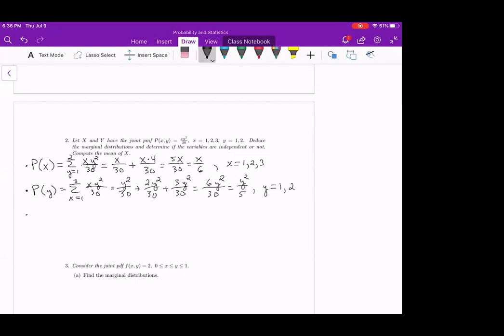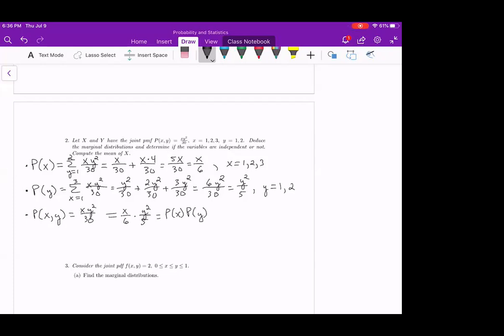In step 3, you can check p of x comma y is x times y squared over 30. We want to know, is this equal to x over 6 times y squared over 5? And that is your px times py.